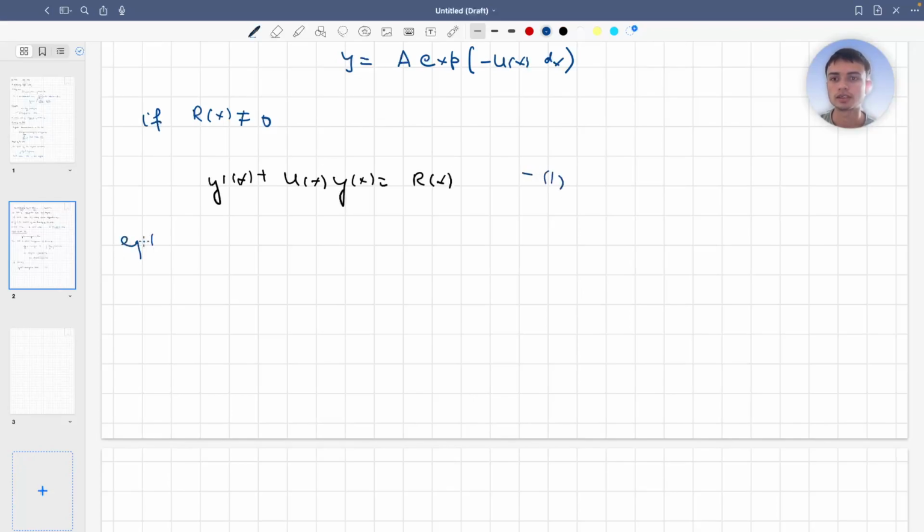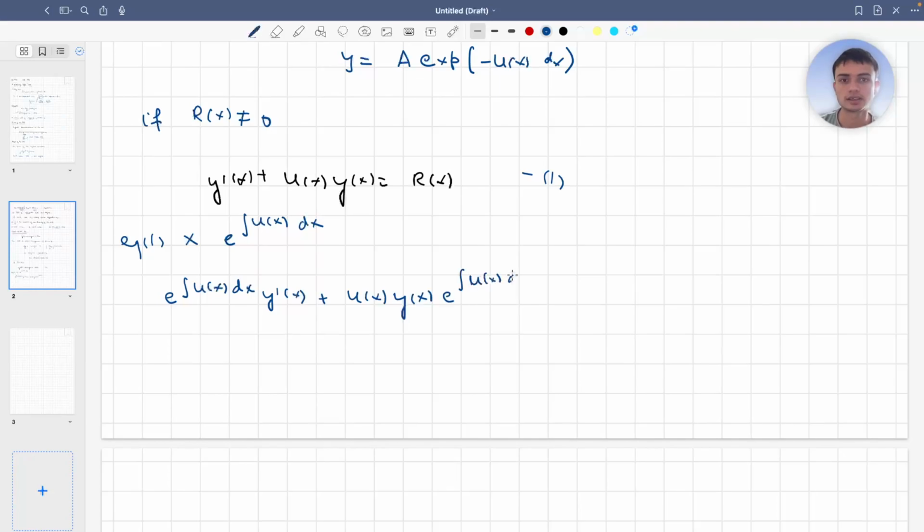I multiply both sides of equation 1 by e to the power integral u(x) dx. So that goes as e^(integral u dx) y'(x) + u(x) y(x) e^(integral u dx) equals r e^(integral u dx), right?